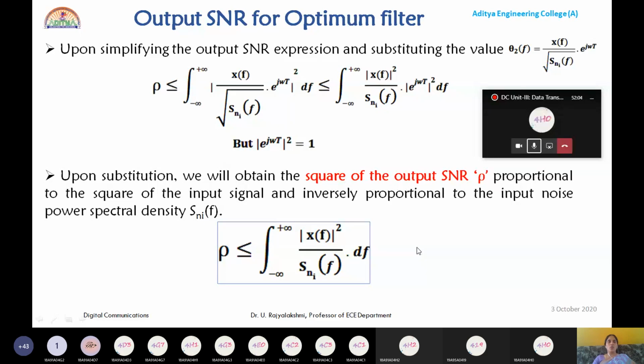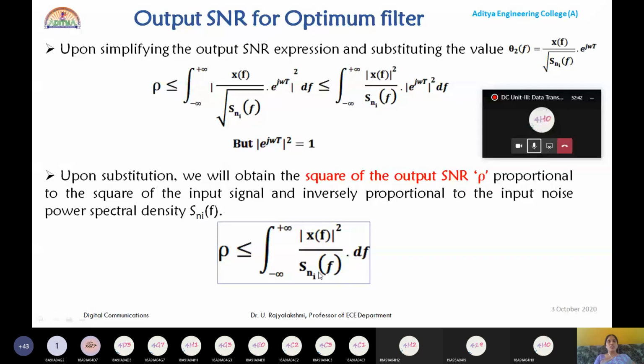Now you can directly tell me the value of output SNR for the matched filter. For the matched filter, we assume the noise to be white. Then Sni of f will be n0 by 2. So directly the square of output SNR will be less than or equal to the integral from minus infinity to plus infinity of x of f square divided by n0 by 2 into df.